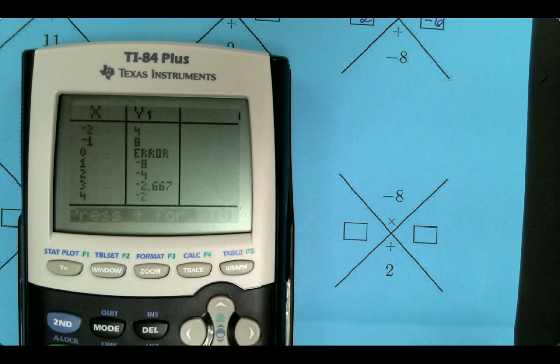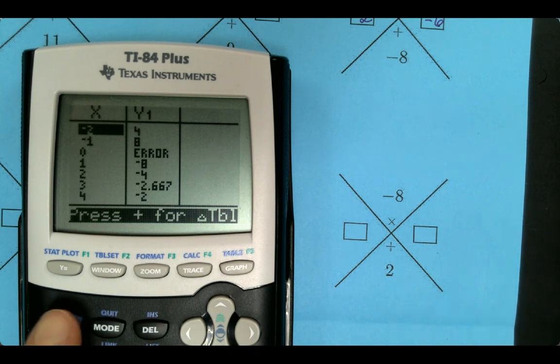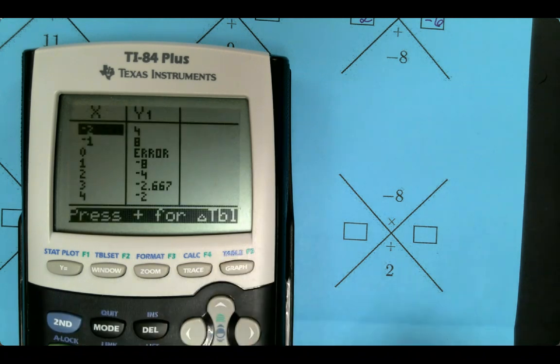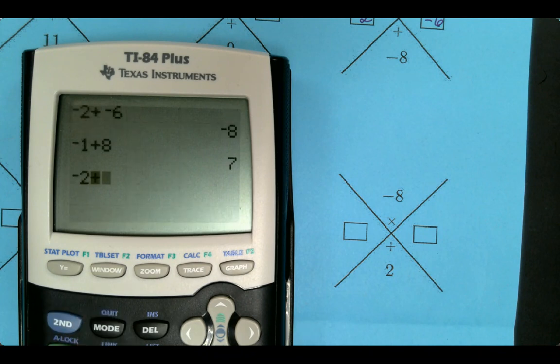It's second table. Let's look. Negative 1 and 8. So if you need to, hit second quit, do negative 1 plus 8. Positive 7, so it's wrong. So go back to second graph. Negative 2 and positive 4. Second quit. Negative 2 plus 4.